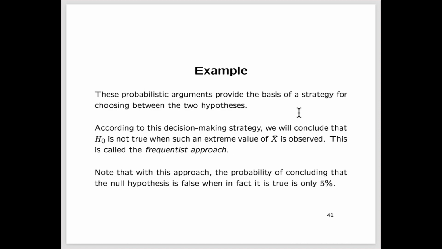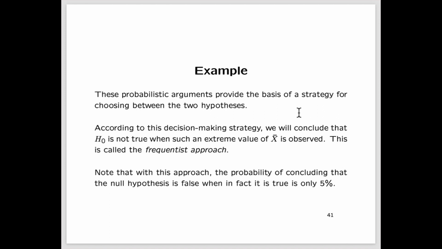Well, these probabilistic arguments provide the basis of a strategy for choosing between the two hypotheses. According to this decision-making strategy, we will conclude that the null hypothesis is not true when such an extreme value of X bar is observed. Let me say that again.